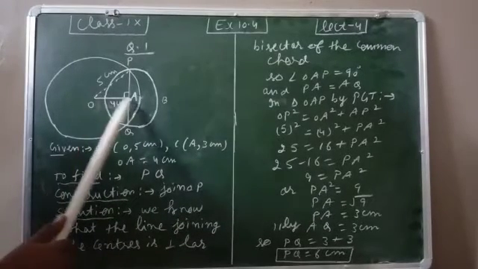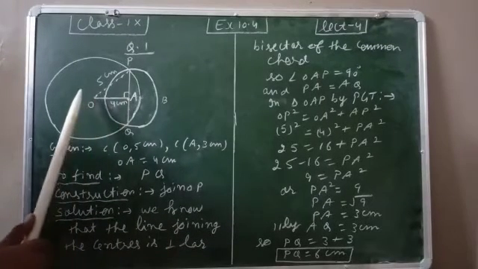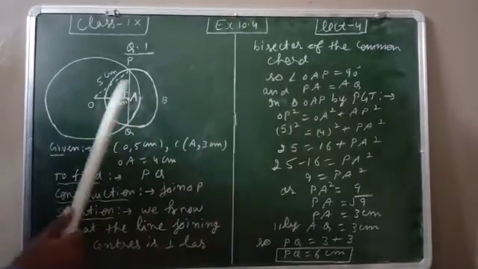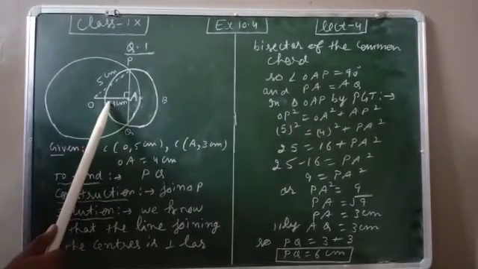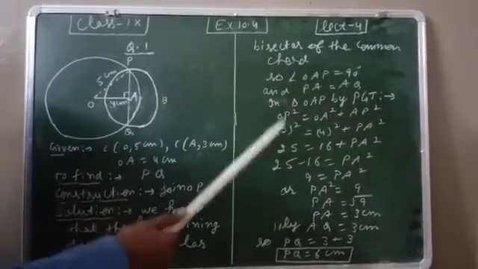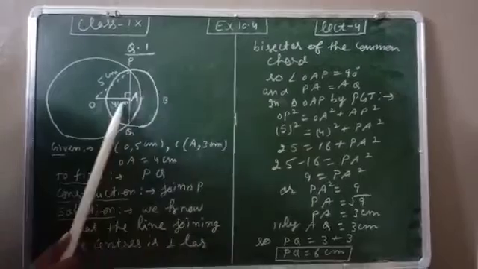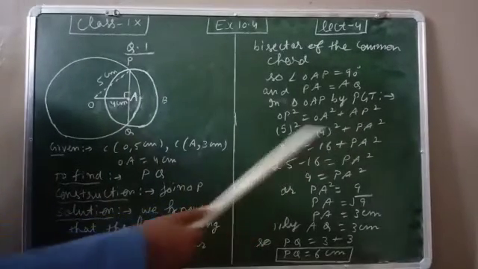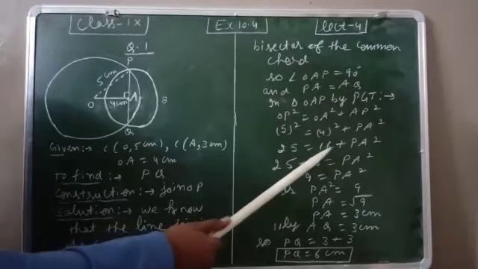Now we can apply the Pythagoras theorem in triangle OAP. By Pythagoras theorem, OP square equals OA square plus AP square. OP we can write 5, so 5 square. OA we can write 4, so 4 square. AP square or PA square as it is. This is 25, this is 16 as it is.